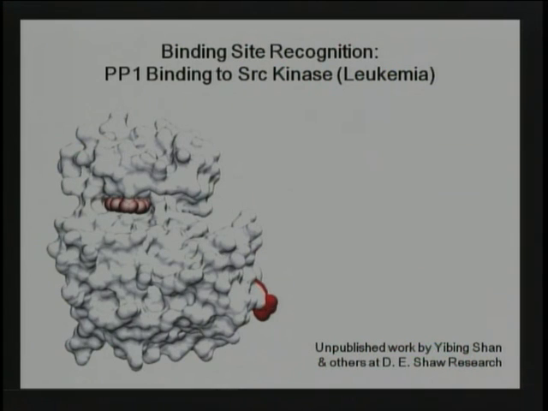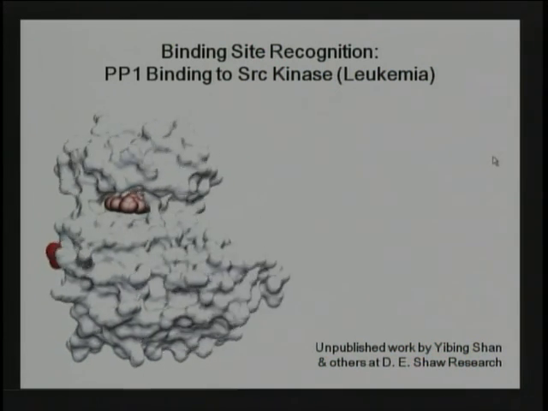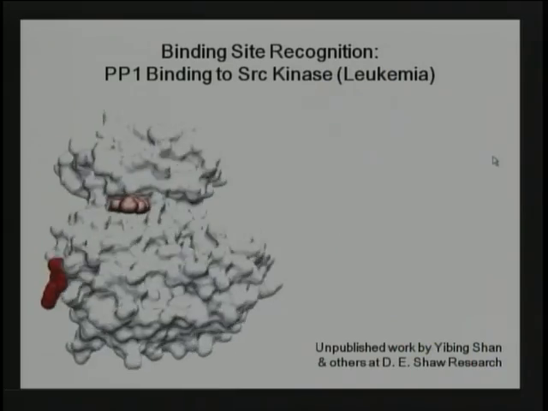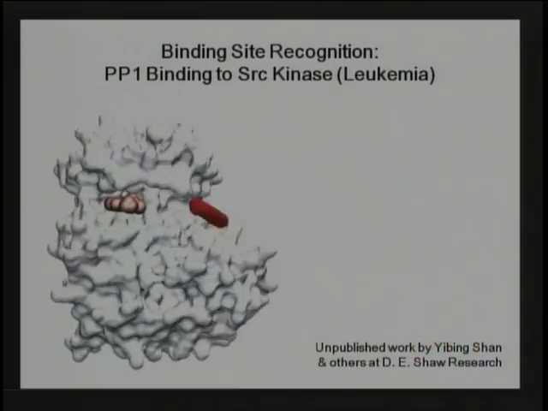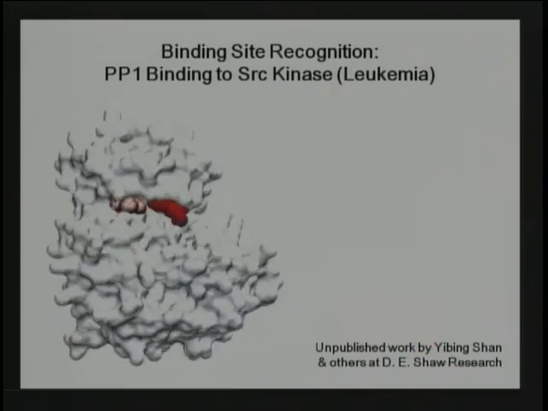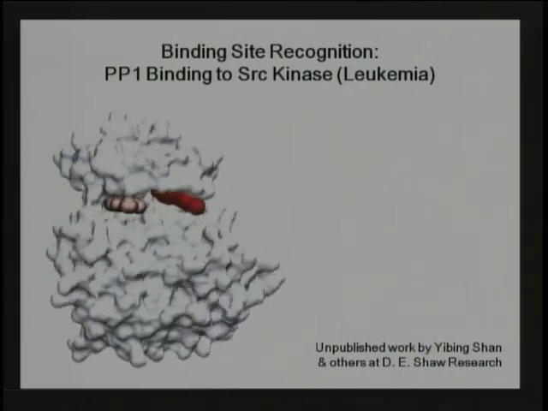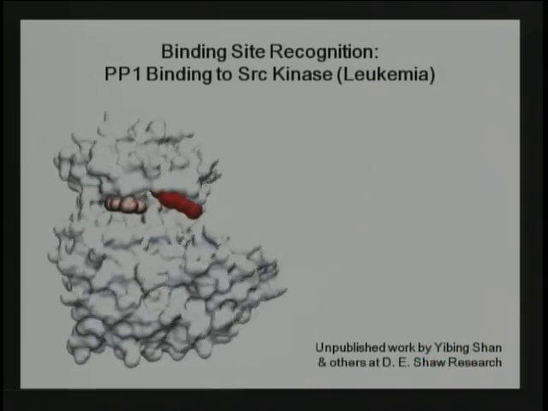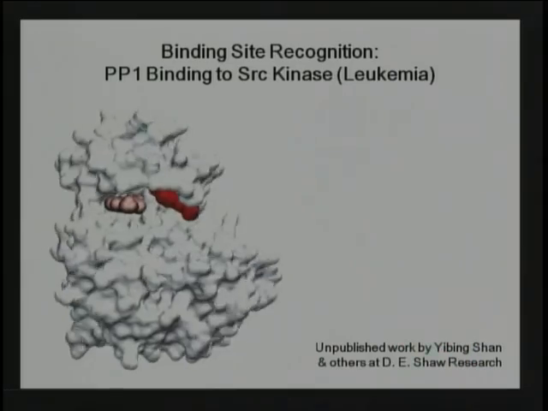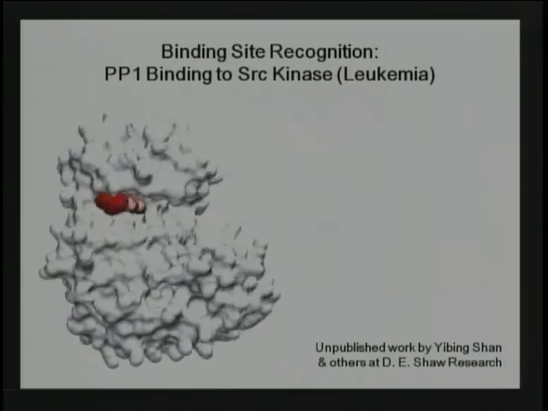So this guy over here is that molecule that Yibing threw in the box, and you can just watch it, and it's not a complete result that we know what to do with, but it's kind of exciting that it does this. So here's a drug, and it searches around here just based on the physics, and it actually pauses here, which is kind of interesting, in a metastable intermediate state.